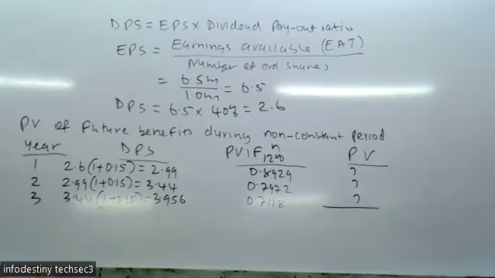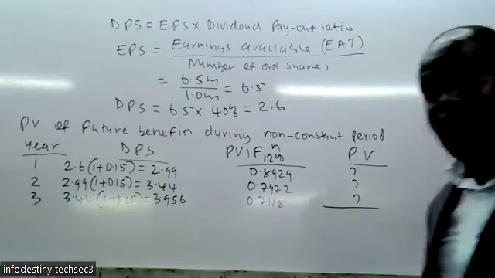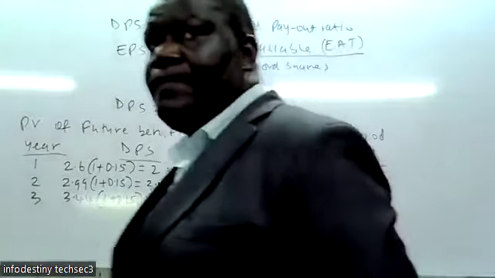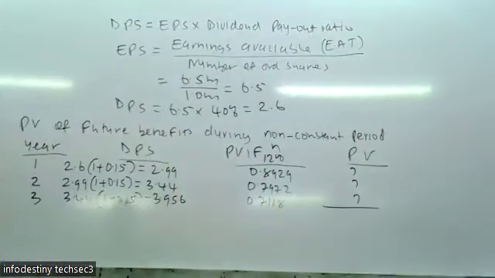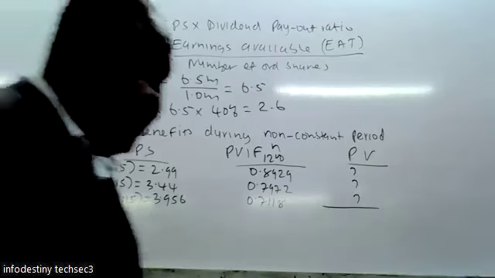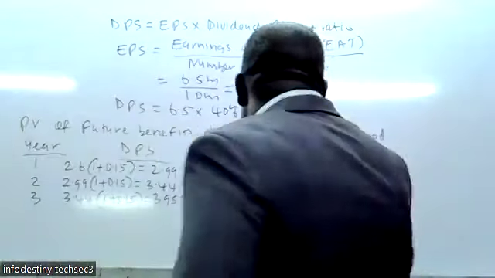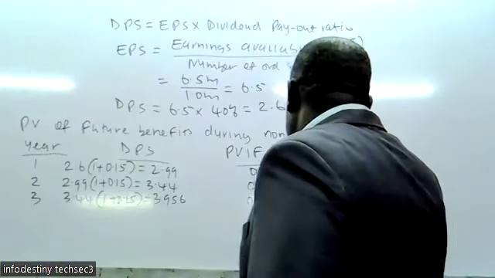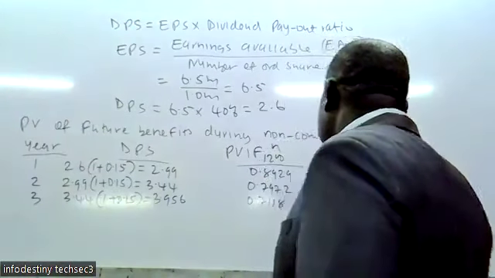So to get the present value of the future benefits during the non-constant period, 8.23.